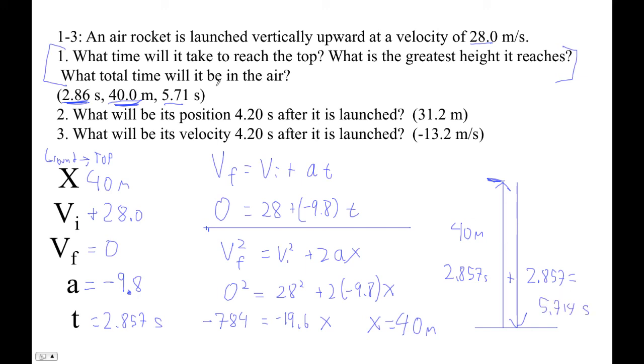That's the total time in the air. So total time in the air is 2 times the time to the top, and that's true if we start here and end here, going up and back down with that symmetry.